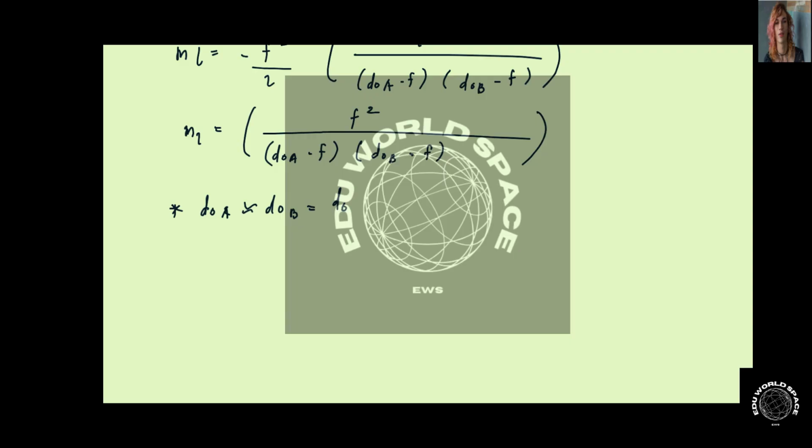So the terms DOA minus F and DOB minus F are DO minus F.